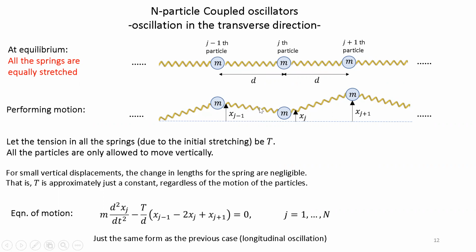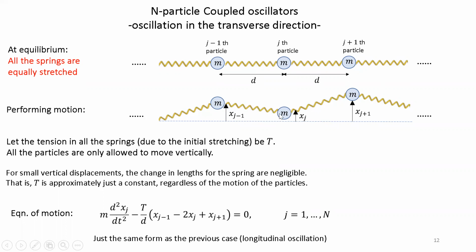So now, again, I want to set up the equations of motion for the particle. If you look at, for example, this particle over here, what are the forces acting on this particle? Of course, it would be due to this spring and this spring. So you may think that this could be complicated, because now you have this vertical component and also horizontal component.